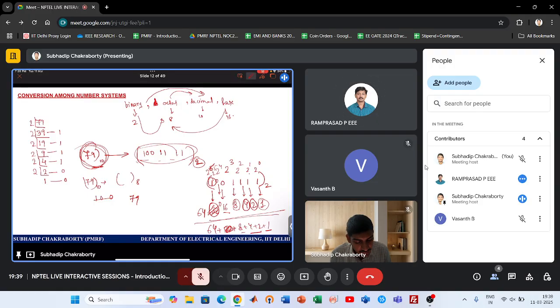But once you know the binary form, you don't have to do that hard work again, because other bases are in the order of that main base, which was 2. Because 2 to the power 3 was 8 and 2 to the power 4 was 16. So you can group 3 and you can group 4.